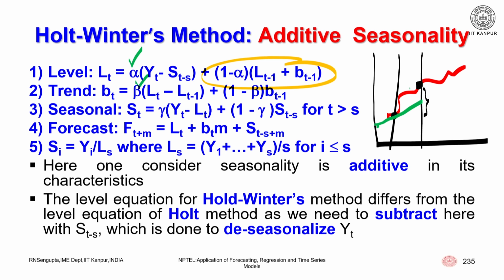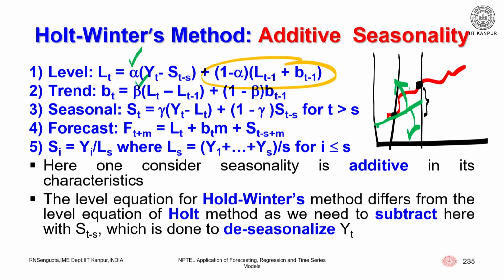So, if beta is 0, it means the rate of change of today's trend B t is exactly equal to B t minus 1. And if the level is increasing or decreasing, that will change the tangent by a theta value, either to the left, which is anti-clockwise, or to the right, clockwise, depending on whether the component L t minus L t minus 1 is positive or negative.